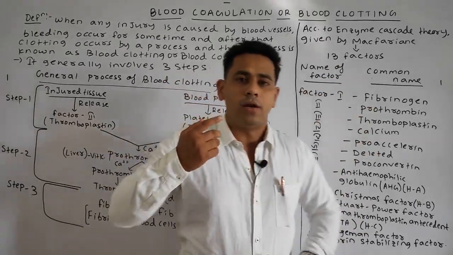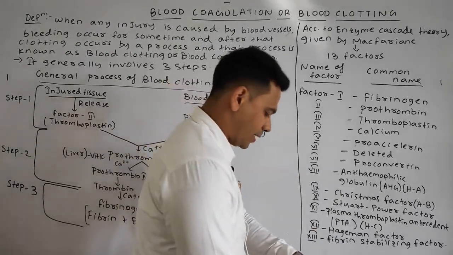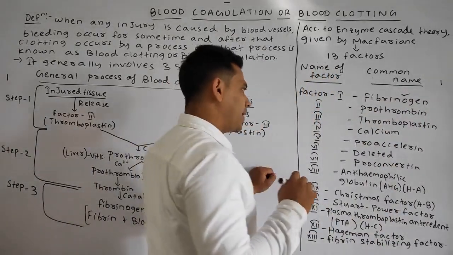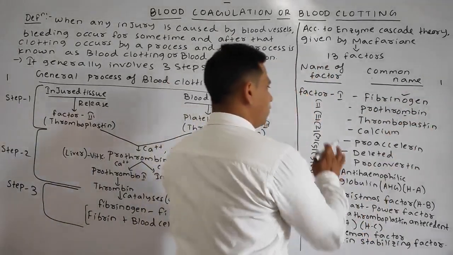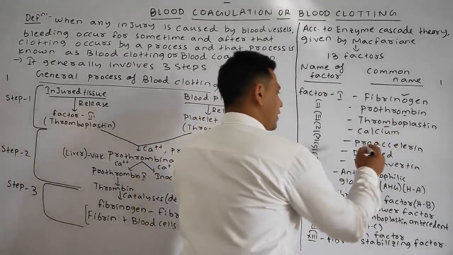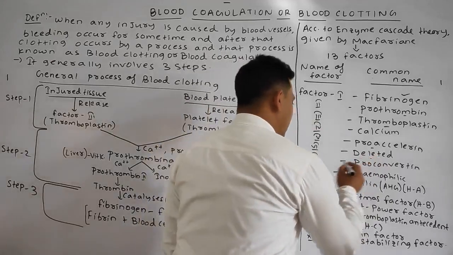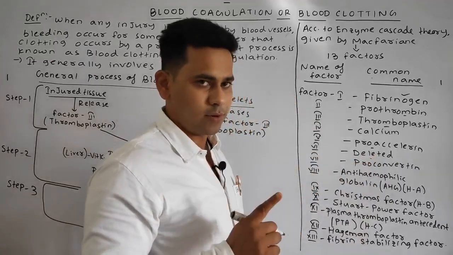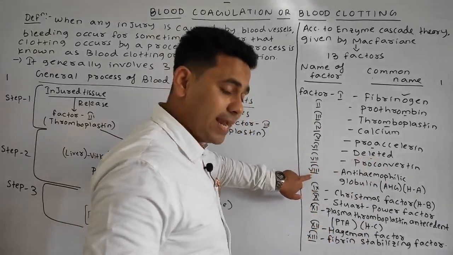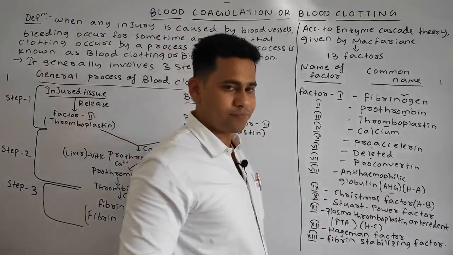But you can also remember the names of the factors by their number. For now, I will tell you: factor 1 is fibrinogen, factor 2 is prothrombin, factor 3 thromboplastin, factor 4 calcium, factor 5 proaccelerin, factor 6 is labile, factor 7 is proconvertin, factor 8 is anti-hemophilic globulin or AHG.